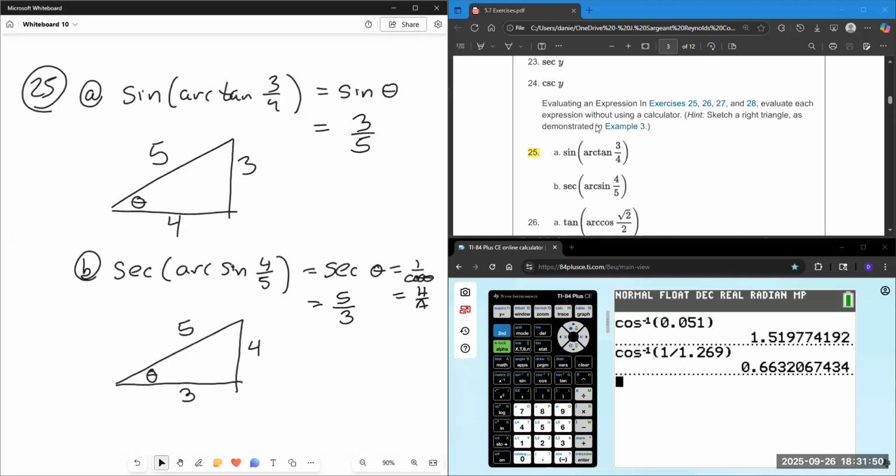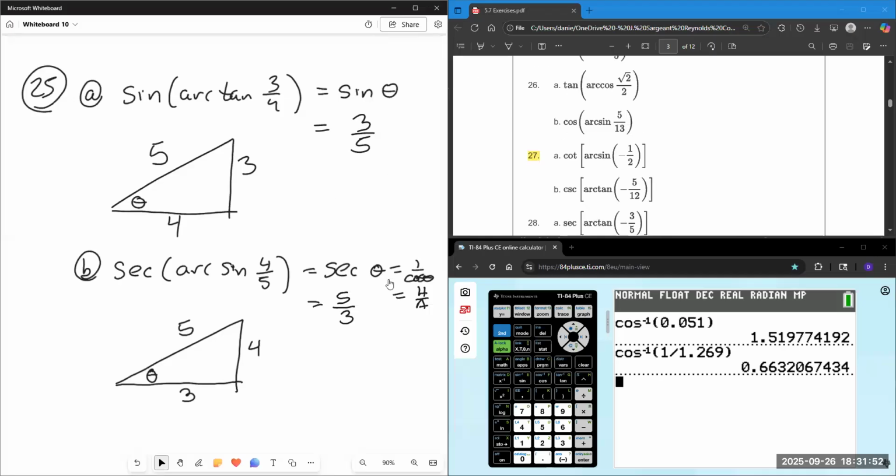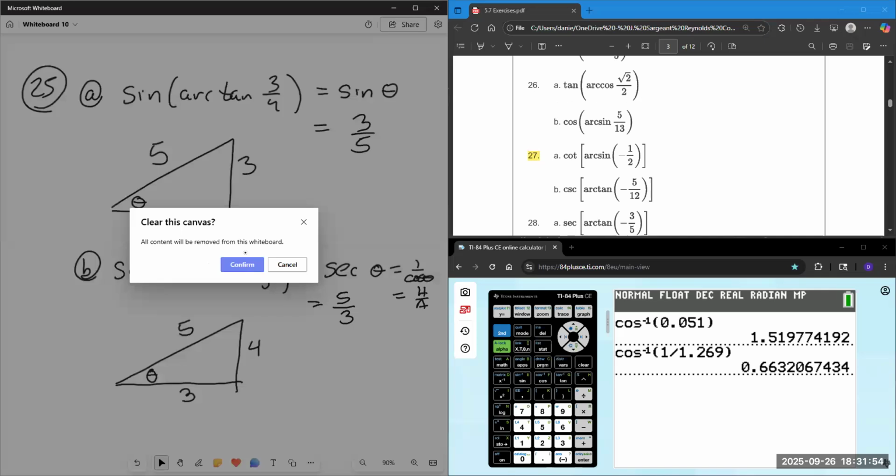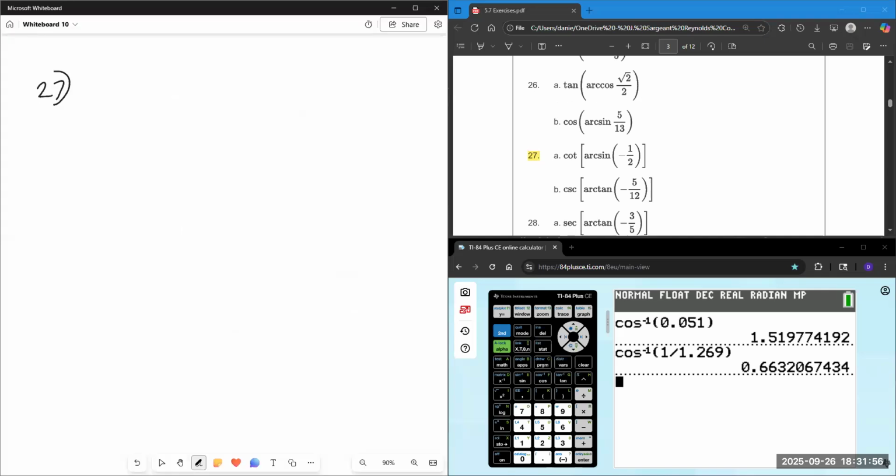Let's look at 27. Part A, cotangent of the arc sine of -1/2.